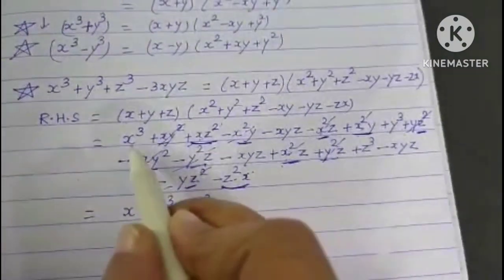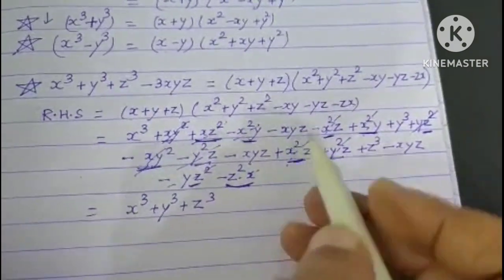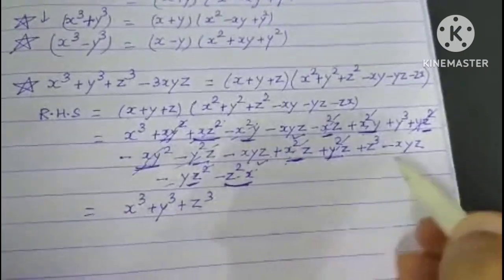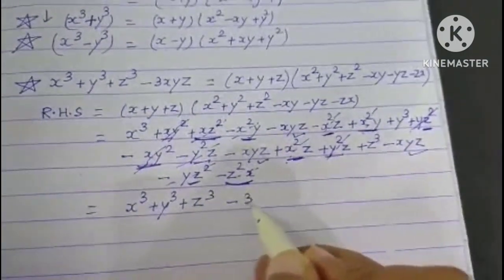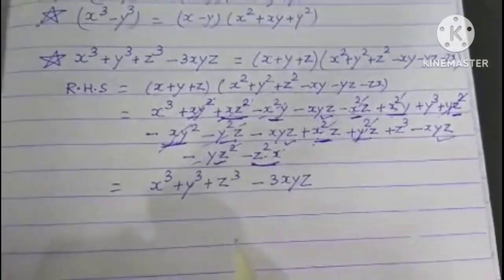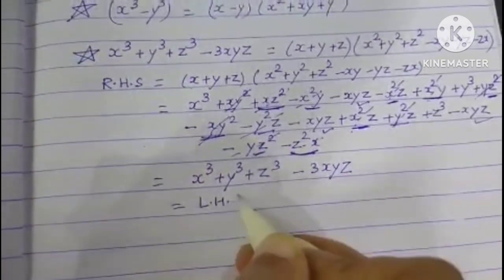So what are the remainings? x cube, y cube, z cube, and minus xyz. Actually this minus xyz comes 3 times. So minus 3xyz, and all others are cancelled out, and that is equal to our LHS.